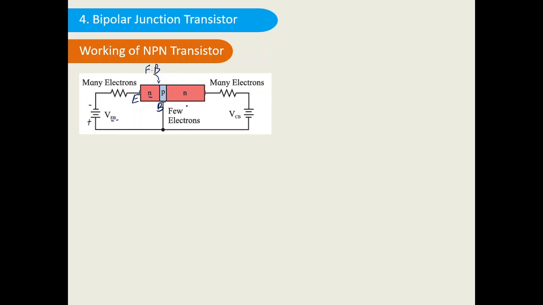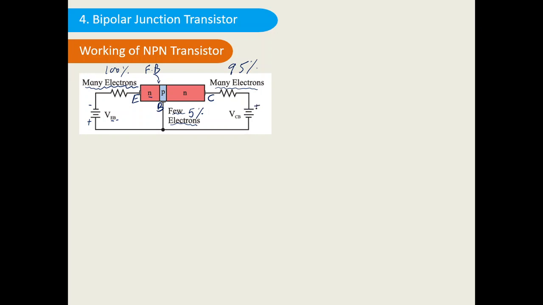You can see there are many electrons, which means majority carriers. Suppose this is 100%. Again, you can see many electrons here, which means 95 percent in the case of the collector. Here you can see few electrons, which means only 5 percent of the electrons are present in the base region.